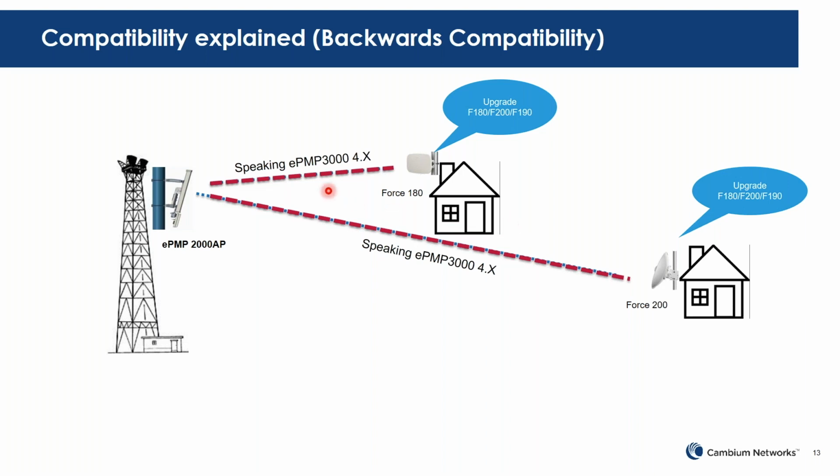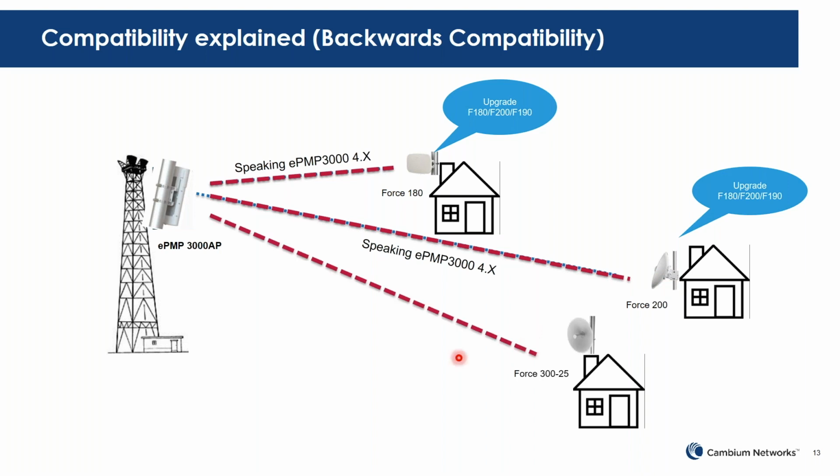Once you have upgraded every device on your network to 4.x, including the ePMP 2000, you then swap the ePMP 2000 for ePMP 3000, and that's it. You don't have to decommission your Force 180 or your Force 200. So we have backwards compatibility and also forward compatibility. Forward compatibility is where the Force 300 is also able to communicate with an ePMP 2000 access point.